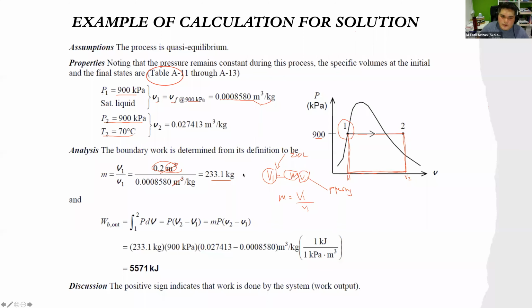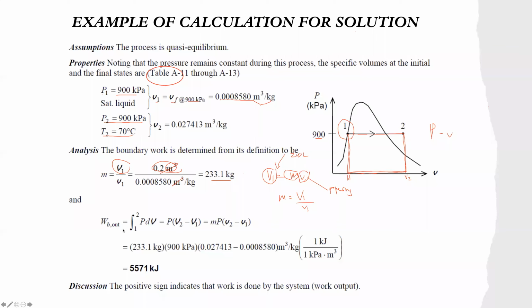Volume betul-betul of the tank kita dah diberikan sebagai 200 liter tadi, but it's not being put here because the PV diagram kat sini ialah P versus small v, which is specific volume. So that's why kita kena tahu what is the mass. So when we multiply with the mass, only then you'll be able to get the real volume.